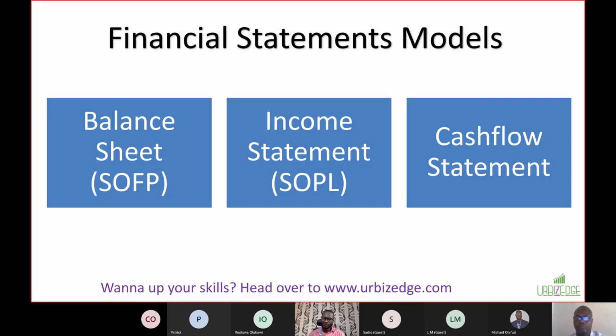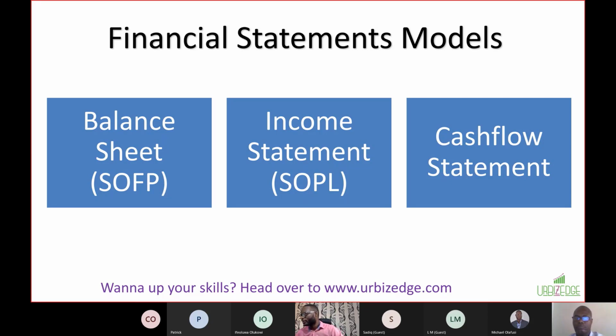The project finance is so niche focused that if someone is going to train you on project finance, they will tell you up front, instantly, that this is strictly project finance. They won't give you the general term financial model. So just be aware that whenever you hear financial models, almost all of the time, it is these financial statement models that are being referred to.